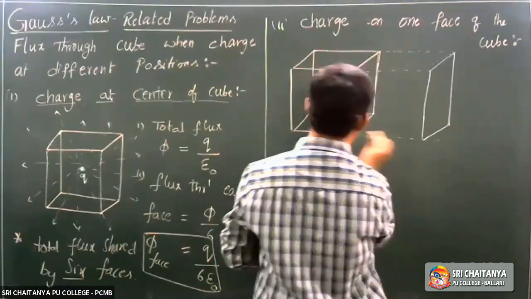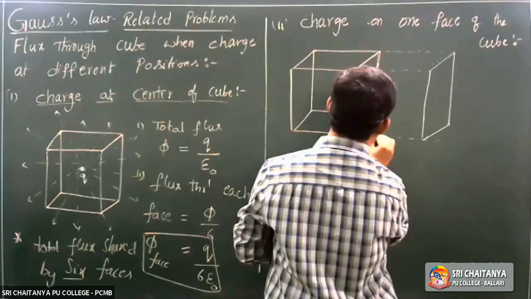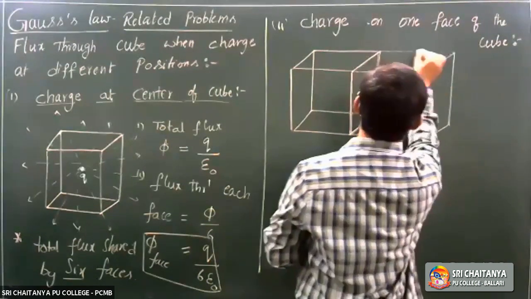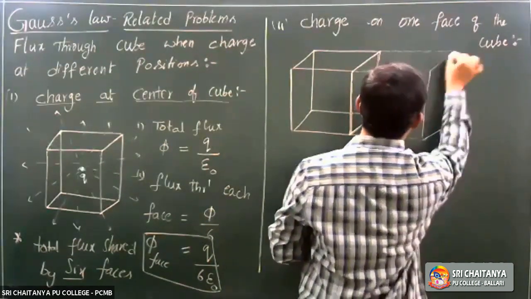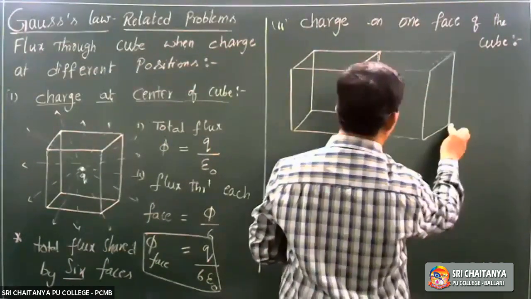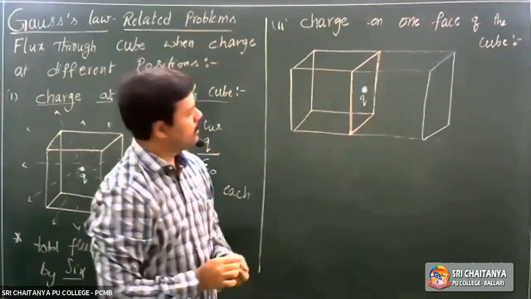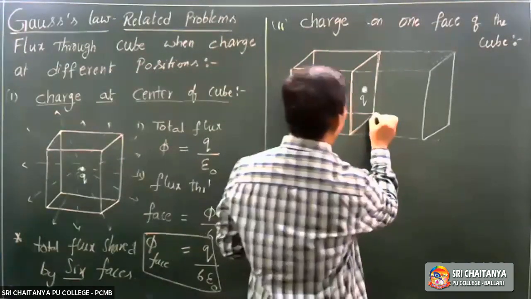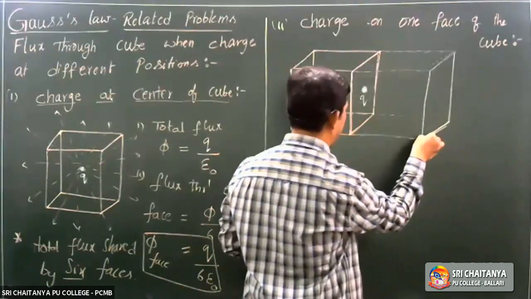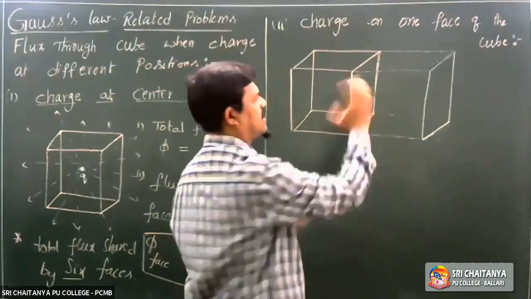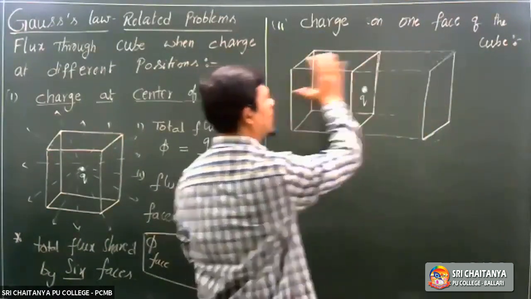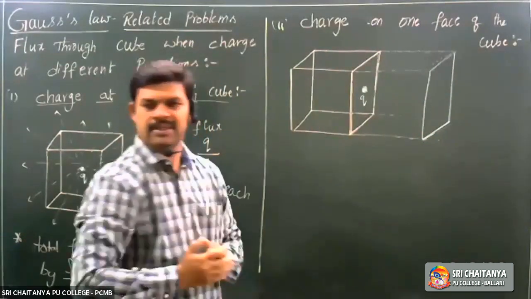I draw one more cube. Now, if you see this, this charge is enclosed. This charge is enclosed by this total surface.